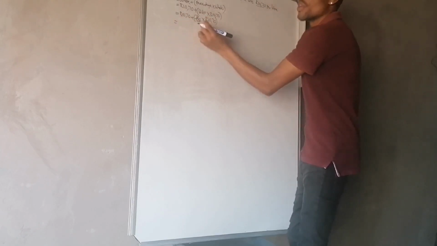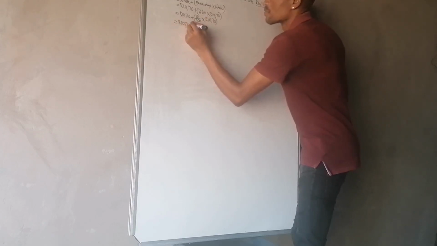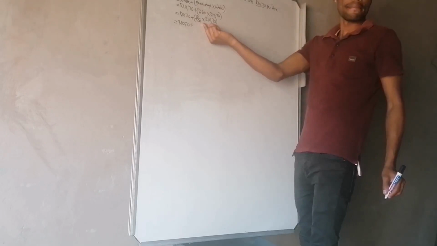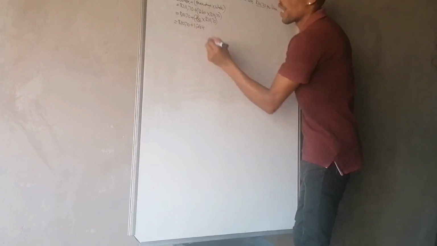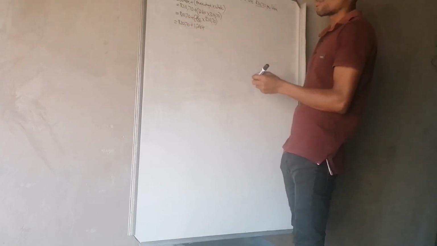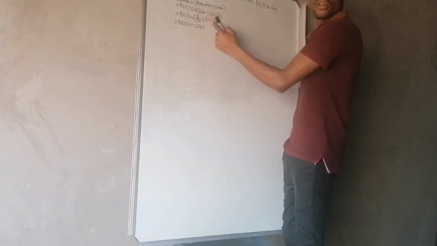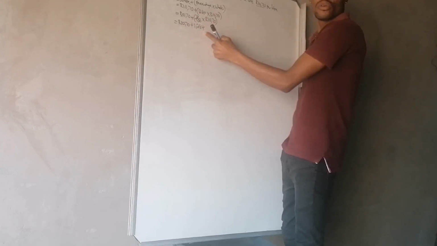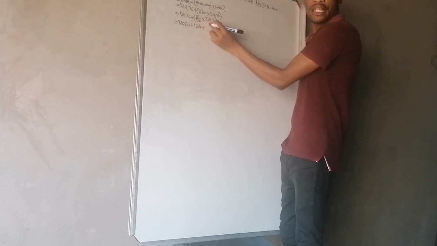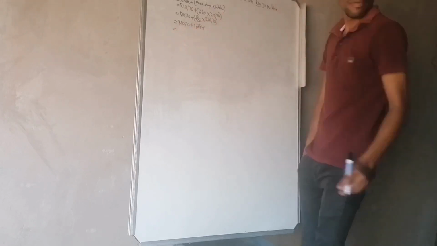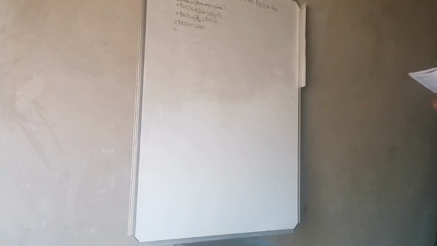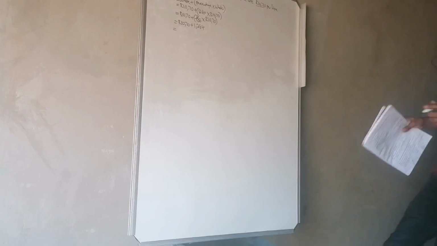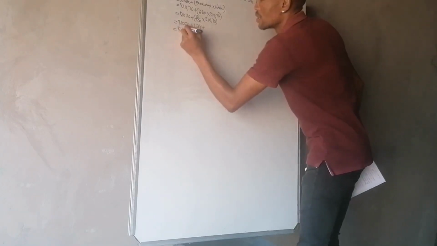Calculating this, we get 1,284. Then we have 10 rand 70 plus 1,284, which gives 11 rand 98. You get 11 rand 98 cent.